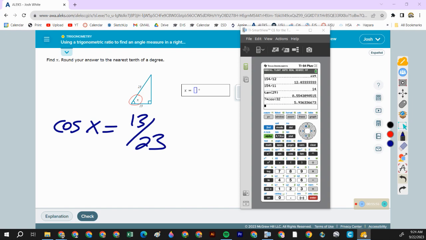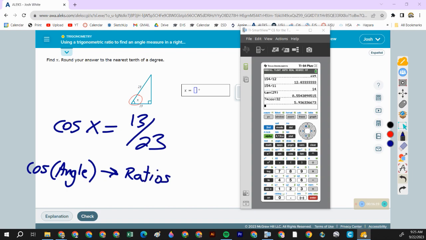Does anybody know how to solve these? Well, so the cosine is a function that takes angles and spits out ratios.